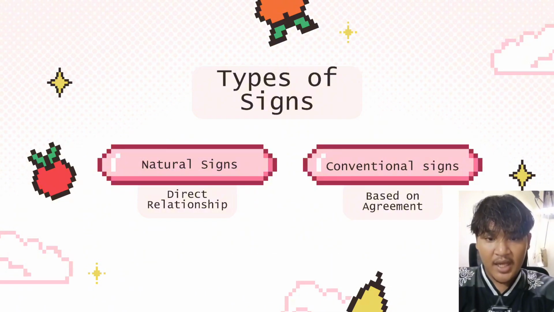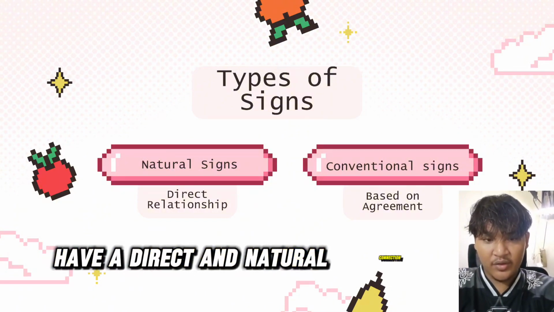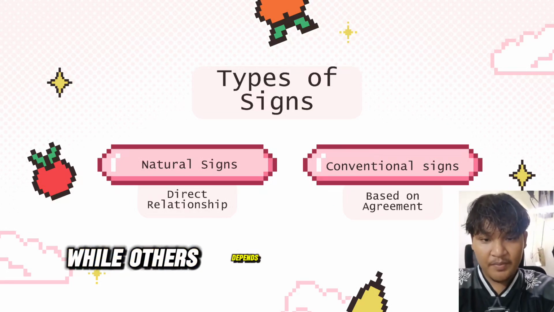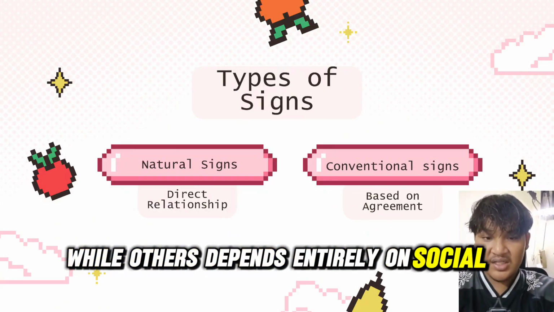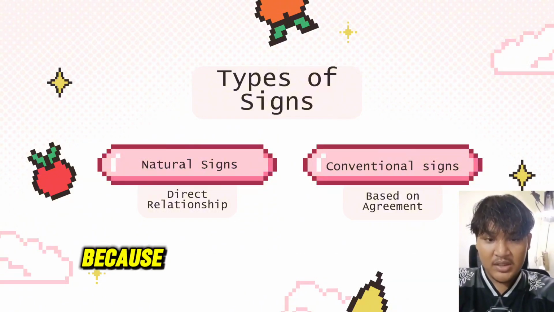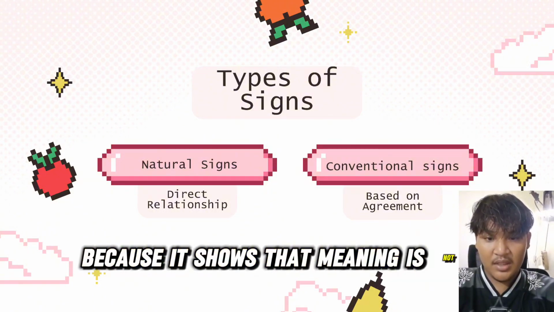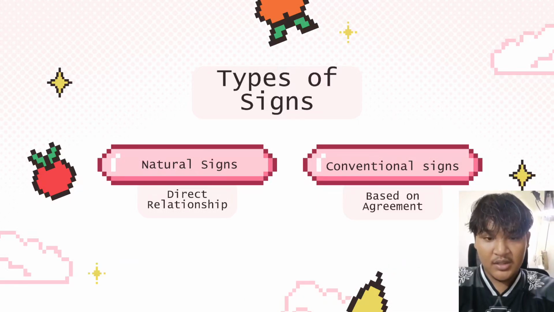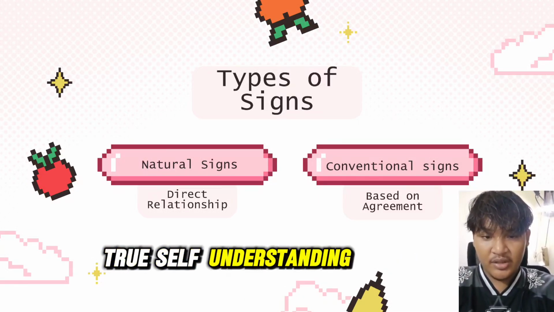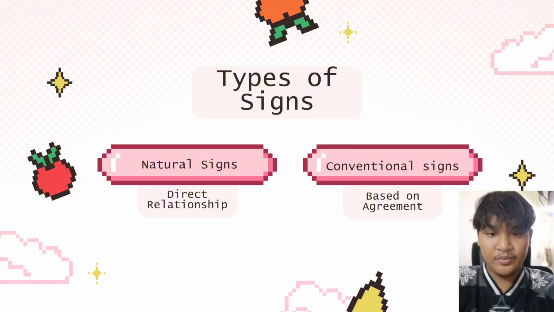Some signs have a direct and natural connection with what they represent, while others depend entirely on social agreement. This distinction is important because it shows that meaning is not always inherent. Sometimes meaning is constructed through shared understanding within a community.